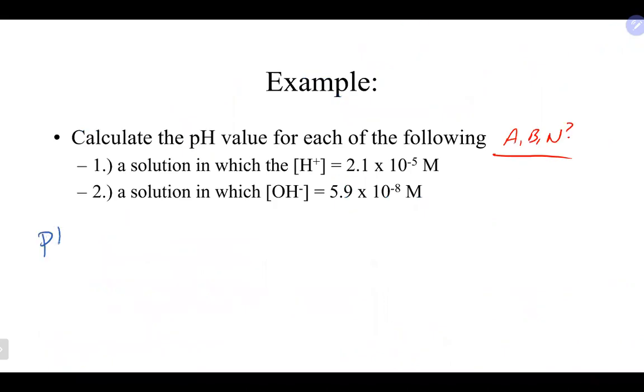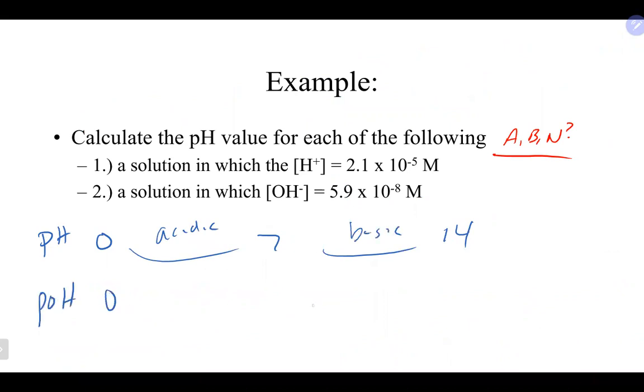So on the pH scale, 0 to 7 to 14, as we talked about, that is acidic, that is basic. The pOH is actually opposite of that: 0, 7, and 14. That is acidic. I'm sorry, that is basic down here as you go this way, and that is acidic. So if you have a low pH, you have a high pOH, and vice versa.